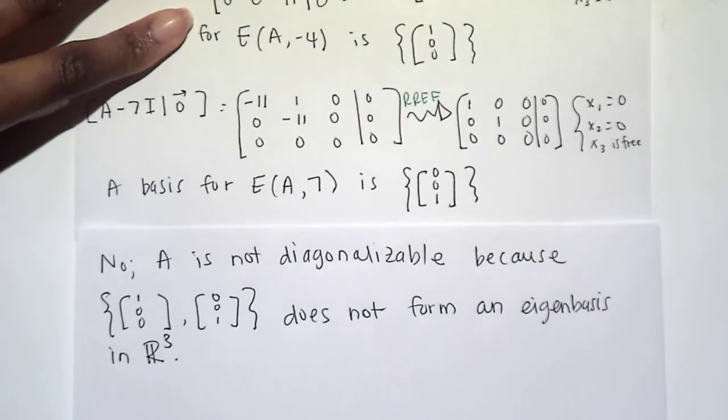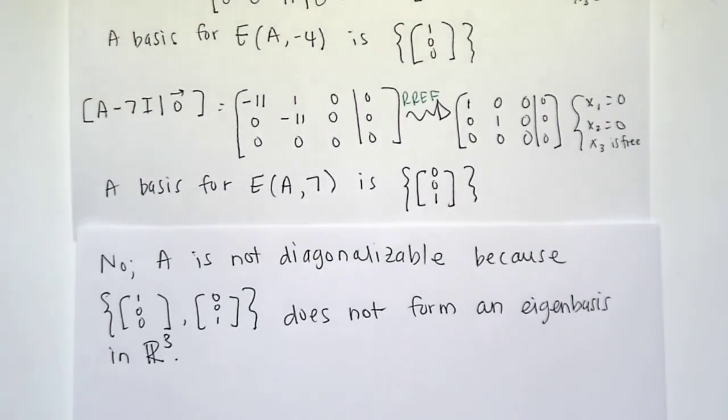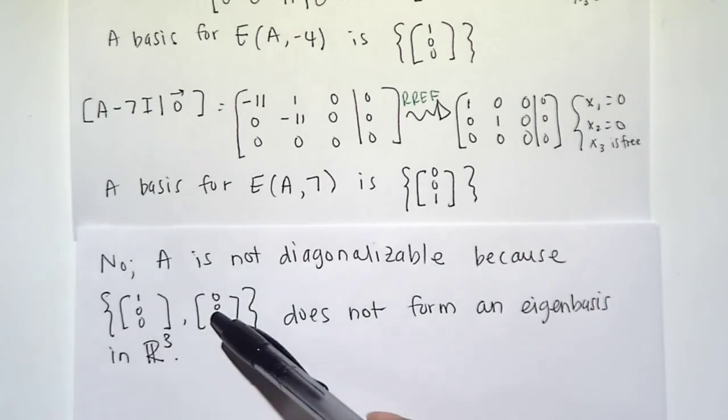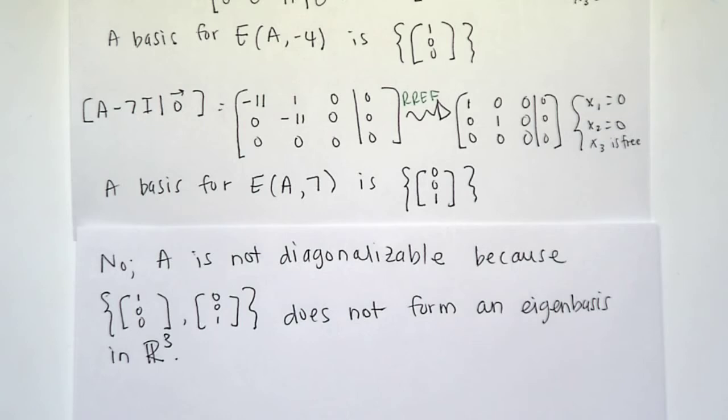So what was the difference here? Why did this one not work? Well, we didn't have enough elements inside of our eigenbasis.